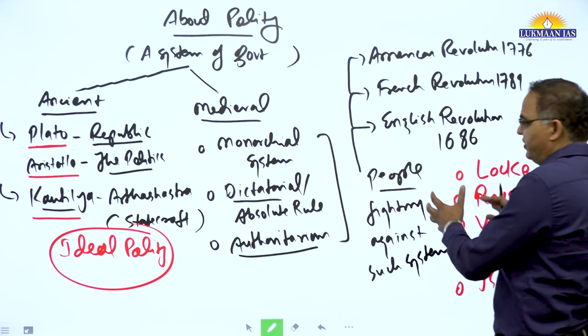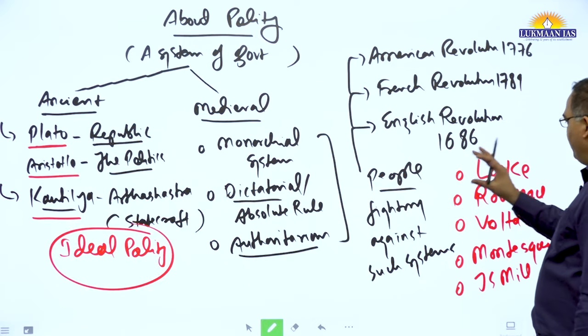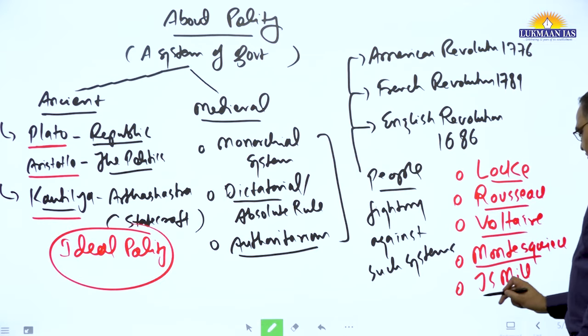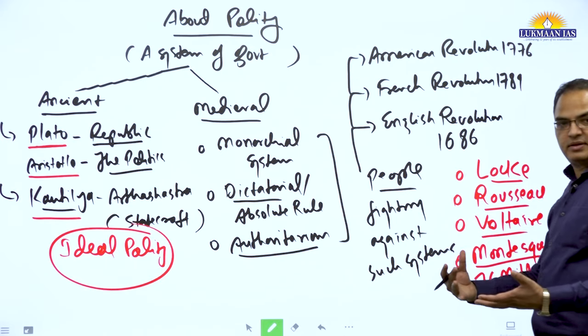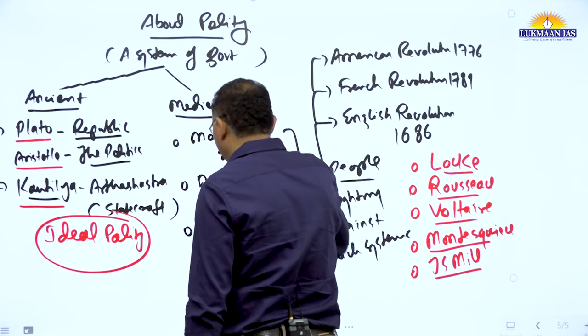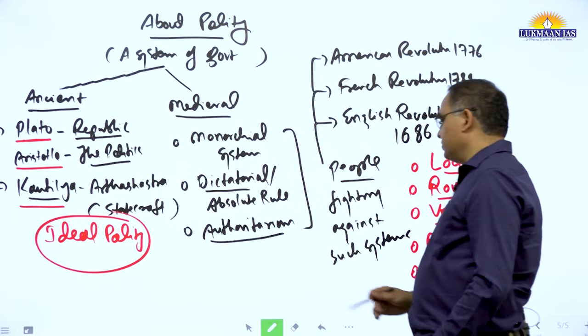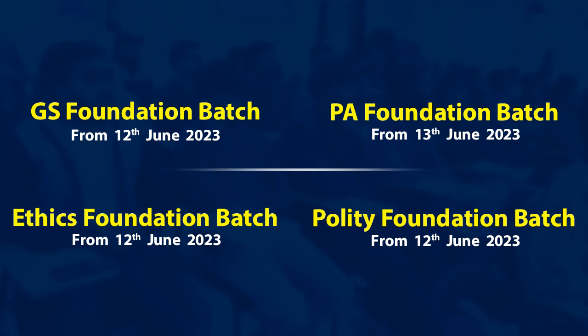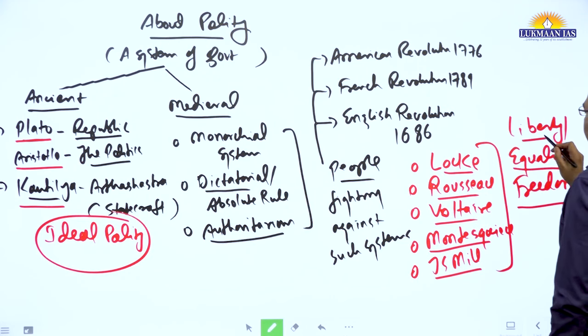Then people start fighting, and when they start fighting, largely they have influence. They influenced their fights and the rights that they were talking about. So, the rights and fights. Largely what they will talk about: liberty, equality, freedom, and how you get such liberty, equality, and freedom.